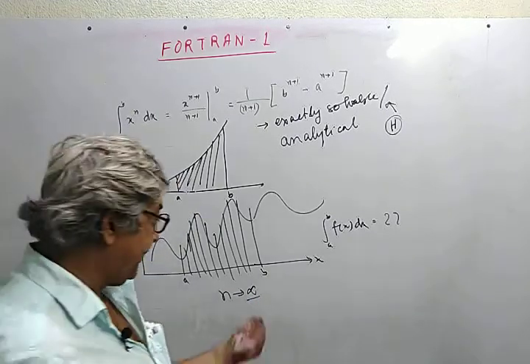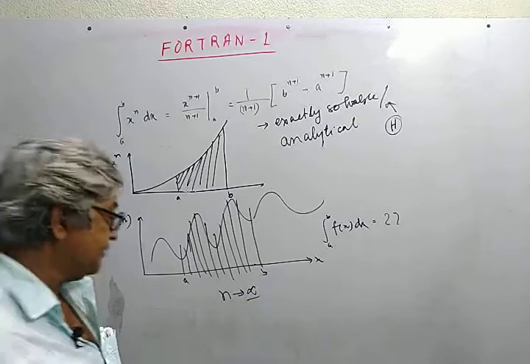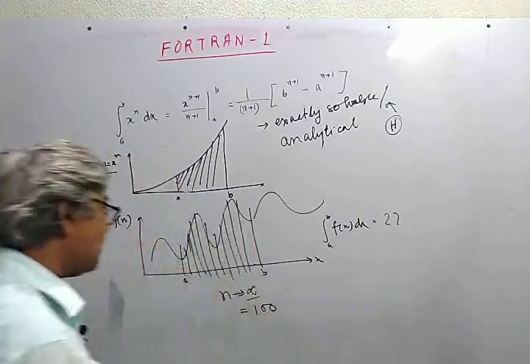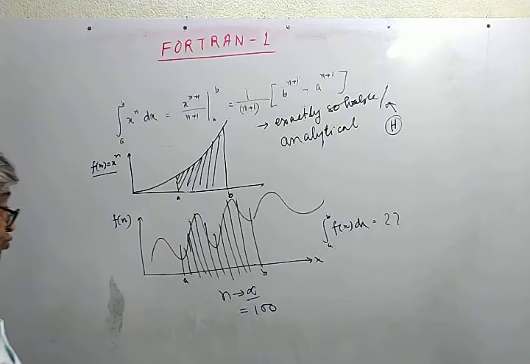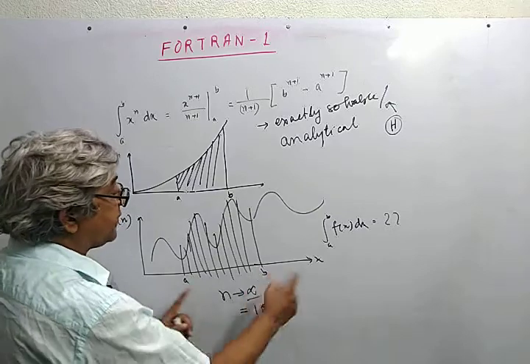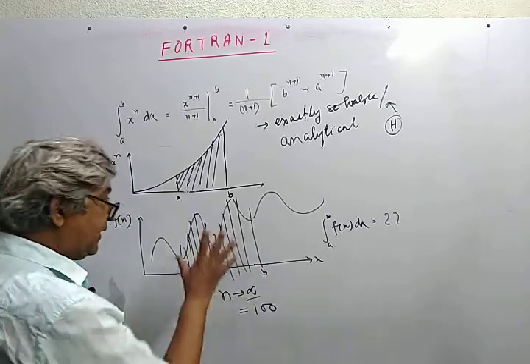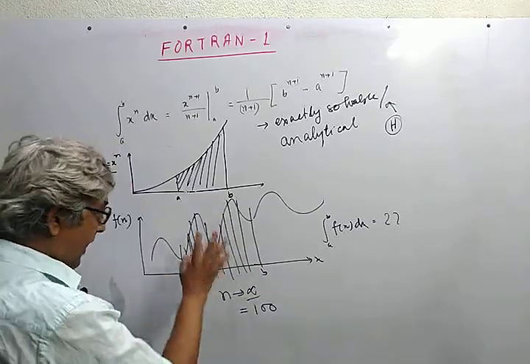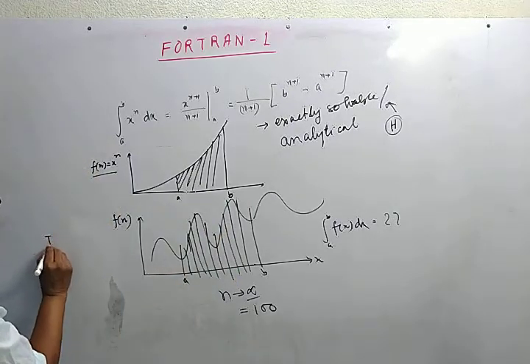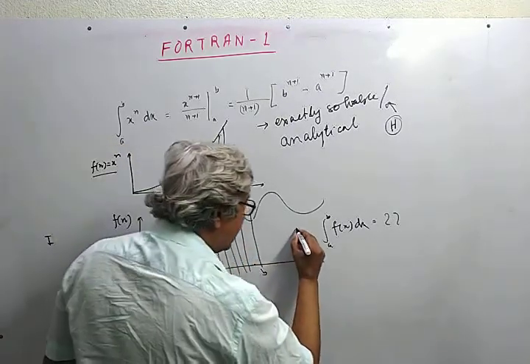Say we take n equal to 100. We divide the interval between a and b into 100 equal steps, and we get a value of the integration. Let us call it I100.